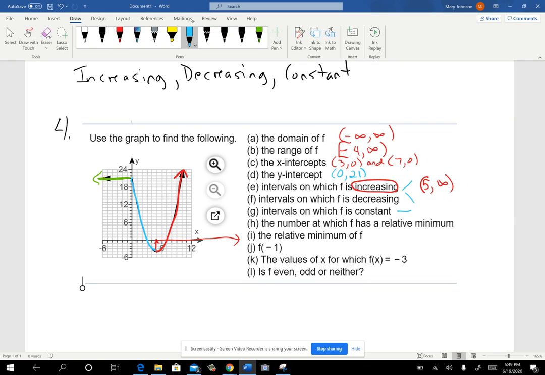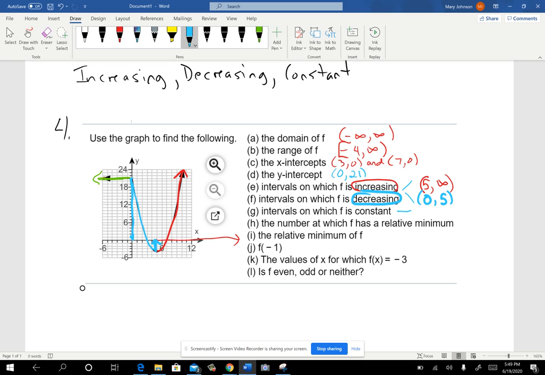Similar for decreasing. For decreasing, I'm going to do that in blue. Okay. And you see how it's going down? You want the x's of those 2 points. So this x is right here. This x is also 5. So it's decreasing from 0 to 5, and you report it as an open interval. Don't use brackets.